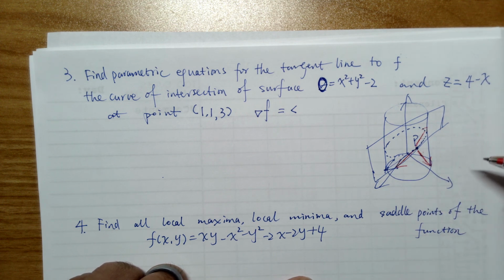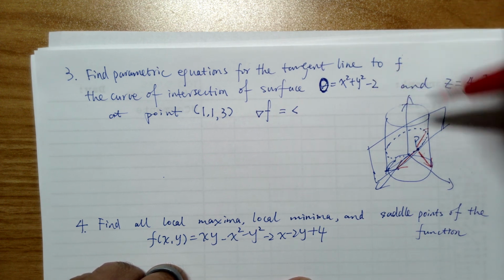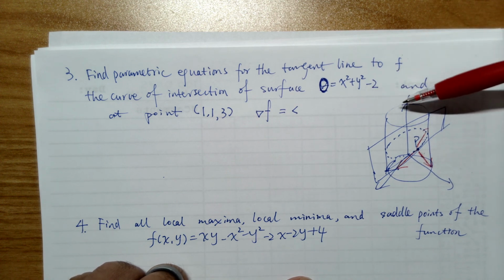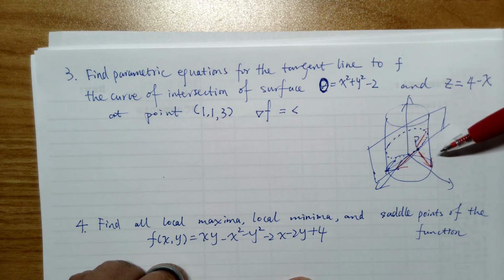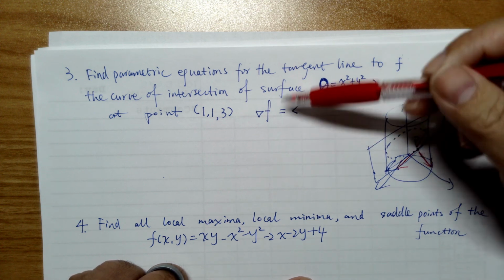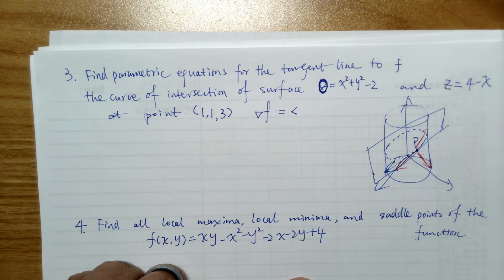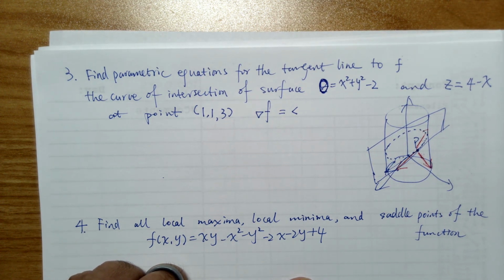So briefly speaking, we need to derive the gradient for both surfaces, take a cross product, figure out the parallel vector for the tangent line, and then derive the parametric equations for this tangent line. That's a very brief introduction about how we start this process.